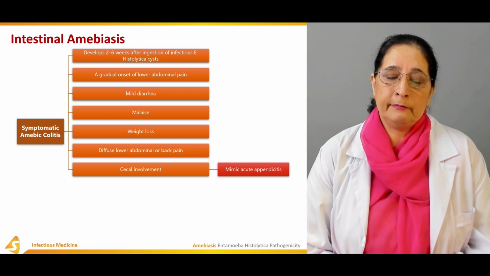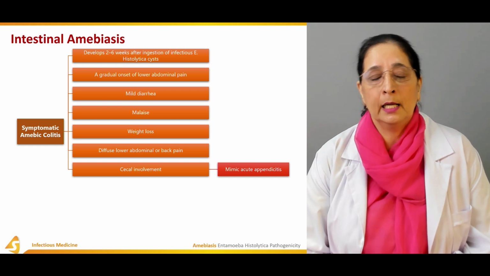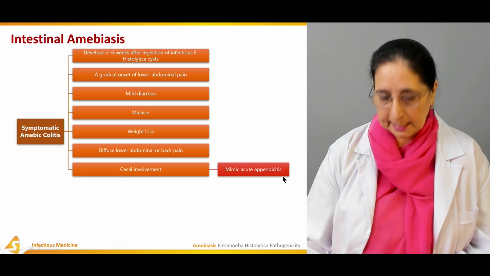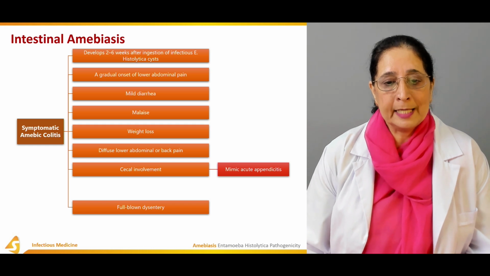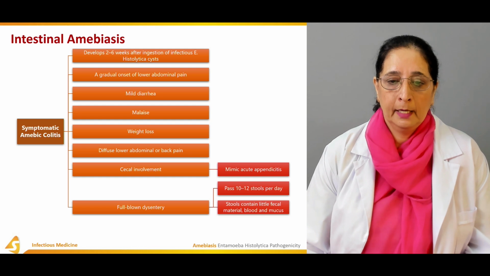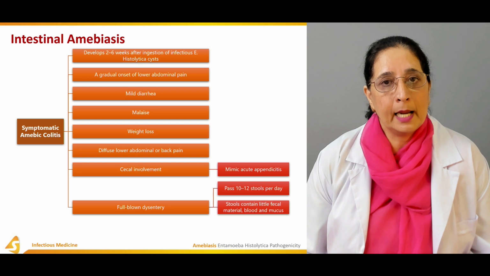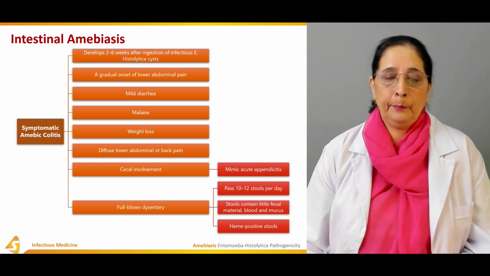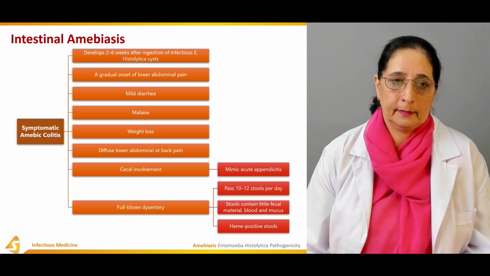So in this case, we have fever with chills like UTI, like malaria. It mimics acute appendicitis when the cecum is involved. Full-blown dysentery passes 10 to 12 stools per day, containing little fecal material and containing blood and mucus. Heme-positive stools are present in amebic dysentery.